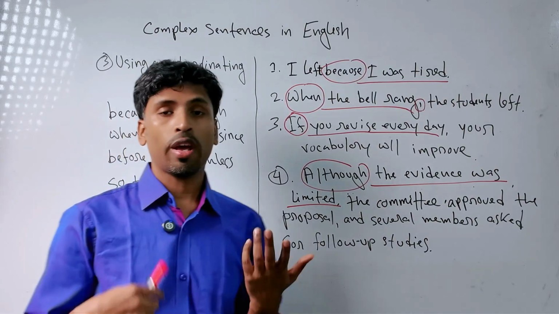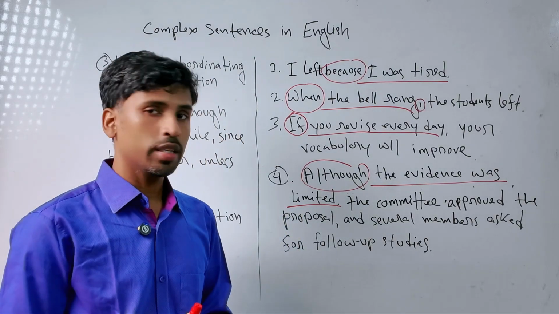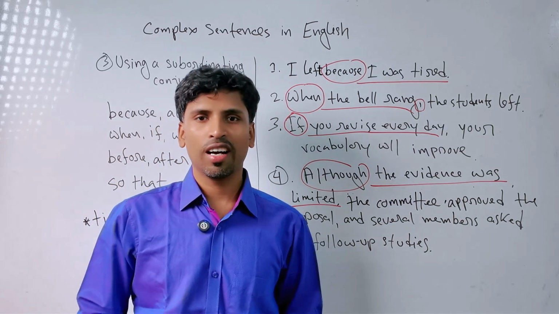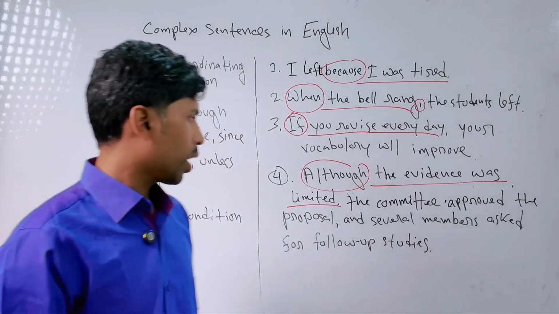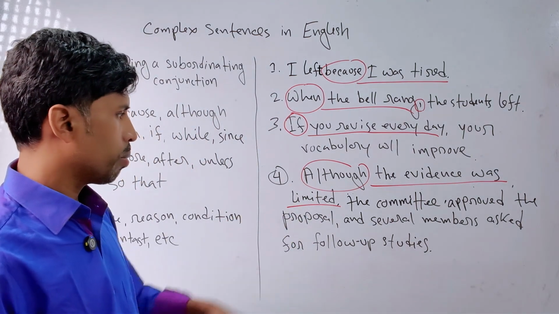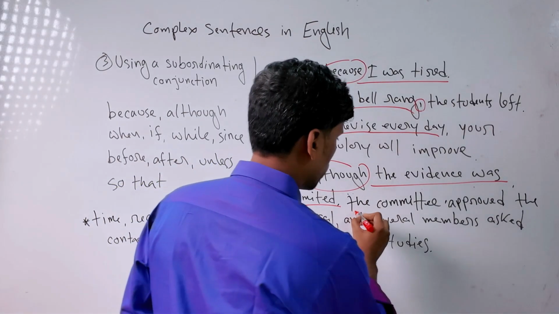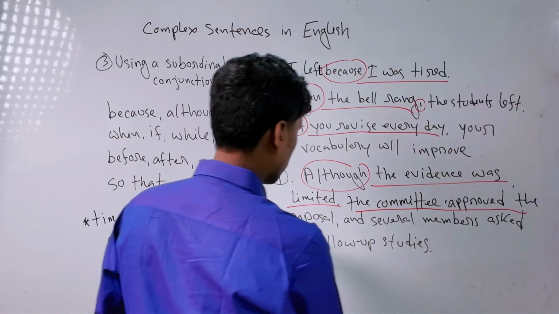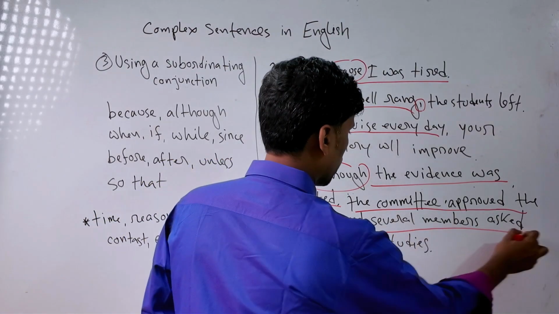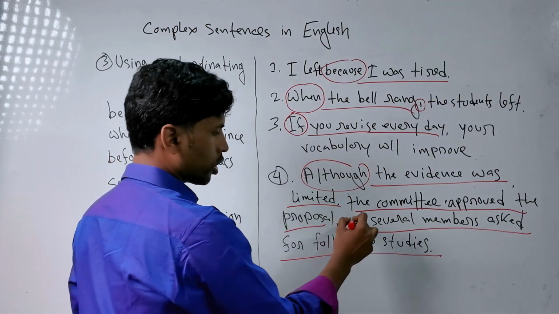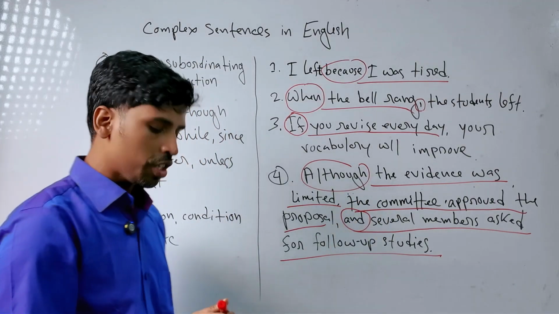This is a more advanced kind of sentence that if you can write, you will be considered an advanced level English user. Okay. So although the evidence was limited, the committee approved the proposal. We have several clauses here, just like before. So this is another clause, and this is another clause. So this is the subordinating conjunction, and this is the coordinating conjunction.